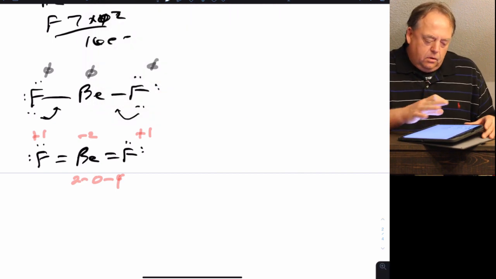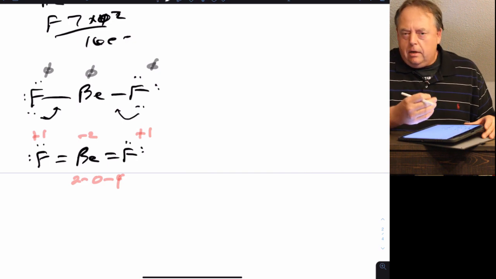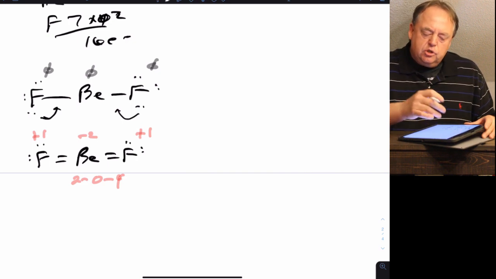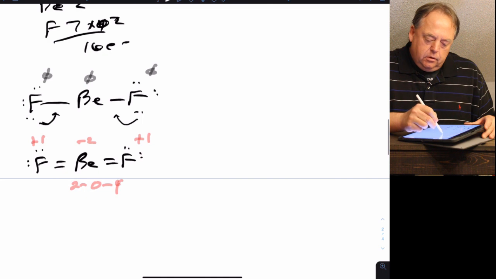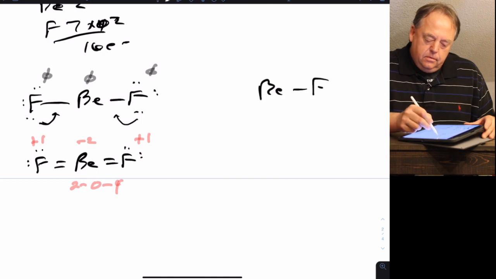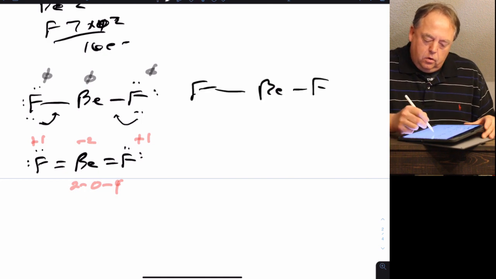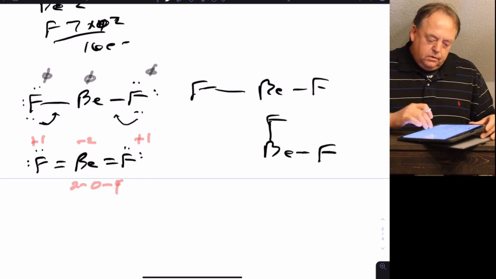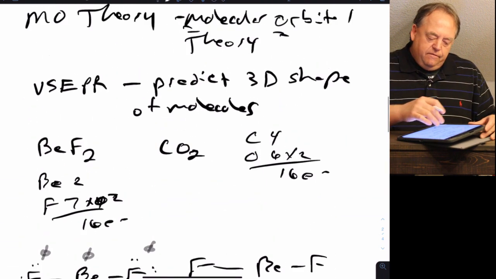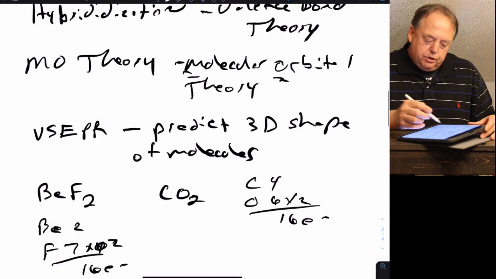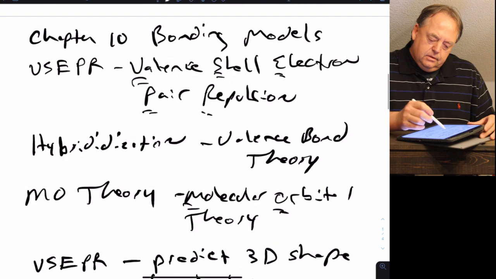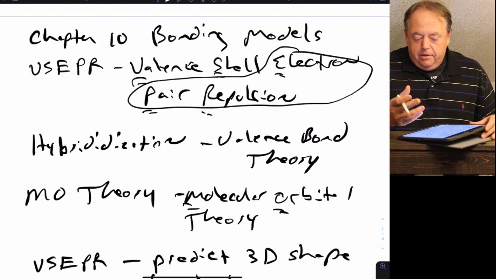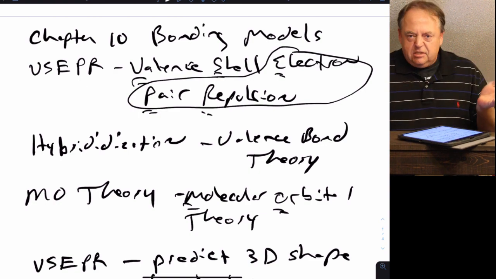But what we'll mainly focus on in this chapter is what does the molecule look like in 3 dimensions. So what is the structure of that molecule? So is it linear, like that? Or are the fluorines at 90 degrees to each other? So the acronym valence shell electron pair repulsion, basically what that means is you want to try to maximize the distance between electrons.